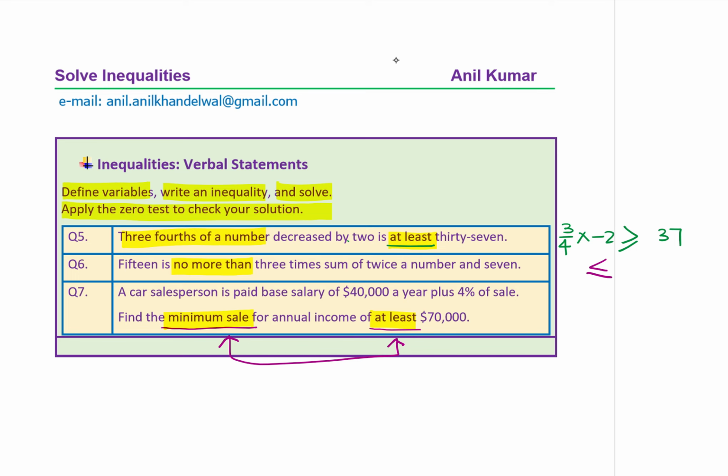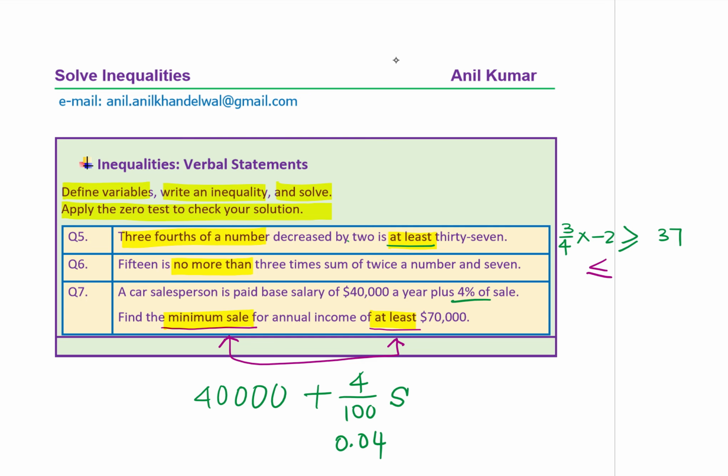As you know, first phrase, you learned some linear equations. A car salesperson is paid a base salary, which is fixed. So 40,000 is fixed per year plus 4%. You could write 4 over 100, or you could also write 0.04. That is 4%, right? Of sales. So the variable is sales.